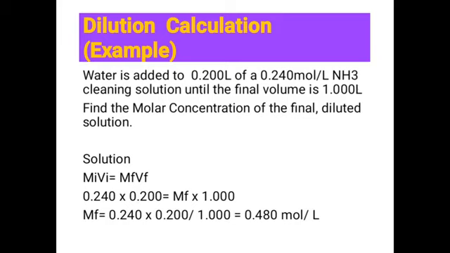The initial molarity or concentration is 0.240. The initial volume is 0.200 liter. The final volume is 1.00 liter, and then we are looking for the final molar concentration. If you have done it this way, you are going to get 0.480 mole per liter.